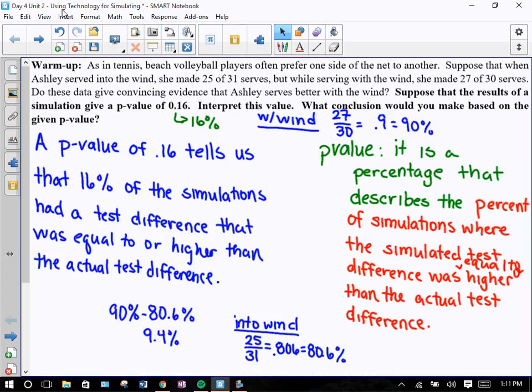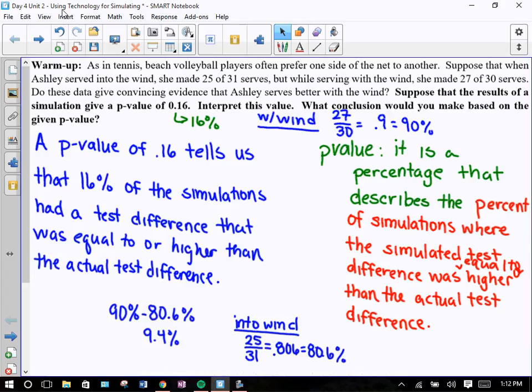All right, so what we have here is saying to interpret this p-value. A p-value of 0.16 tells us that 16% of our simulations had a test difference that was equal to or higher than the actual test difference of 9.4%.